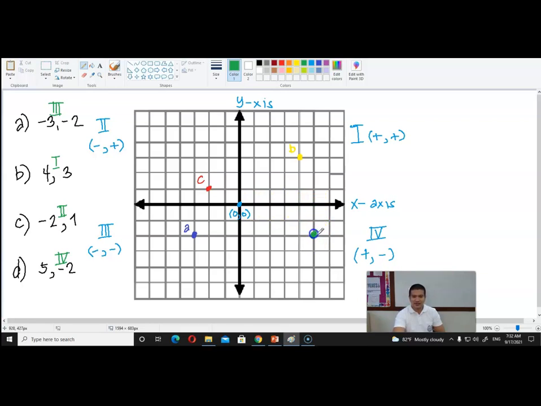Therefore this one is your point D. So by determining the quadrant and the sign, you can now plot where to find each of the points. Okay, so next we will try to graph with the use of the equation.